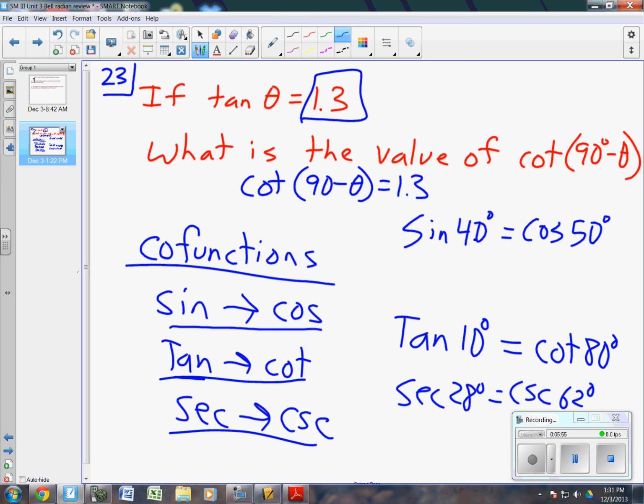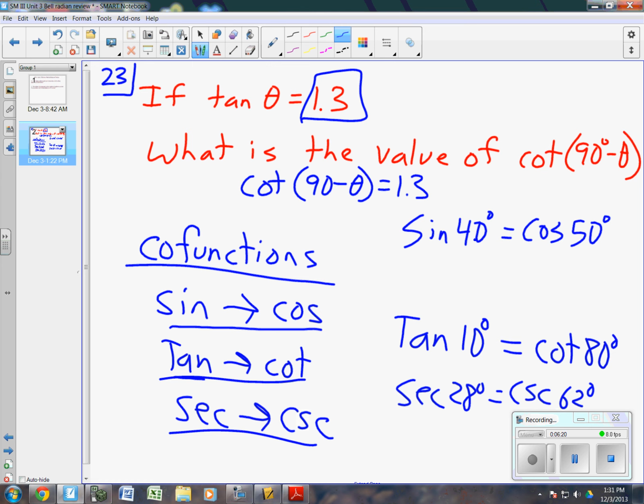If the angles are complementary angles, and they're cofunctions, then these things are going to be equal to each other. 40 and 50 are complementary angles, right? They add up to 90. So the sine of one and the cosine of the other are going to be equal to each other. Well, if these two are equal to each other, they both have to be 1.3, don't they?